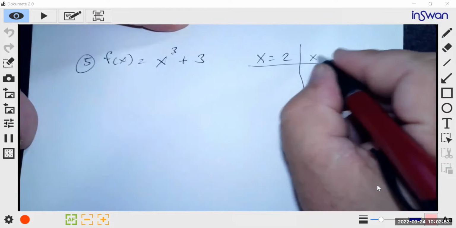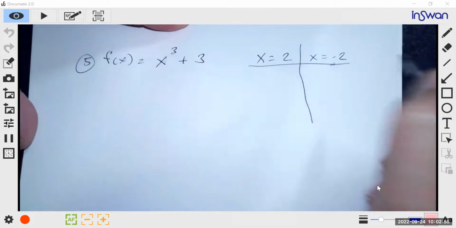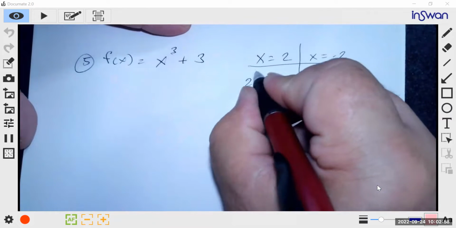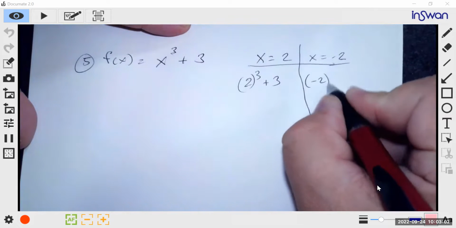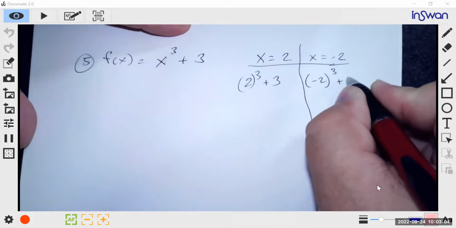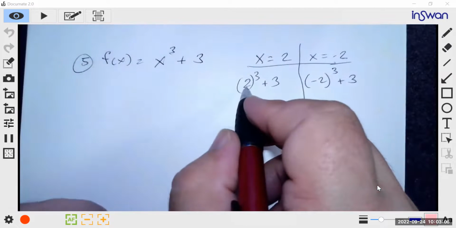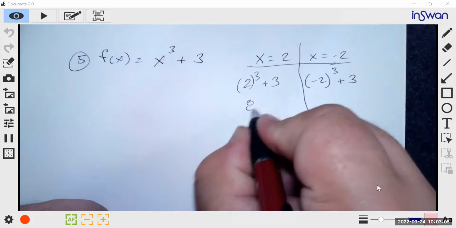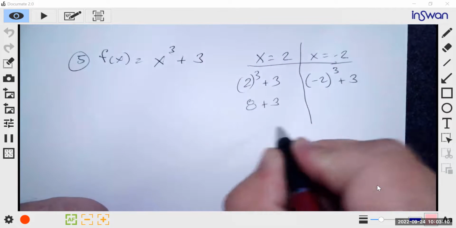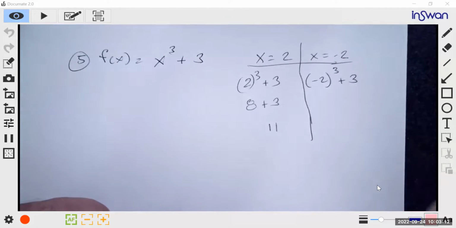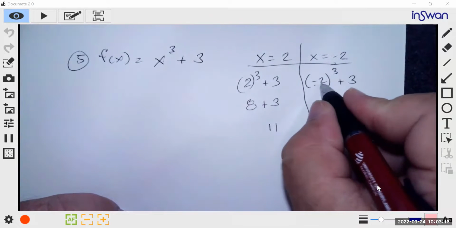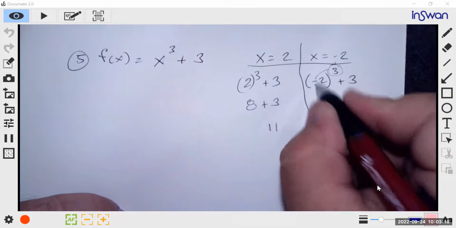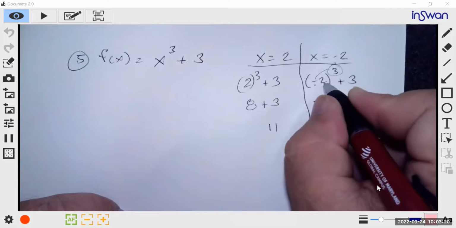I just like 2 for some reason. So 2 cubed, 2 times 2 times 2 is 8. 8 plus 3 is 11. (-2) cubed, since it's an odd number, the answer would be negative.